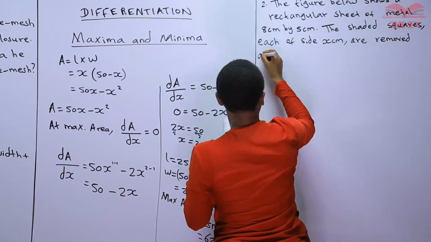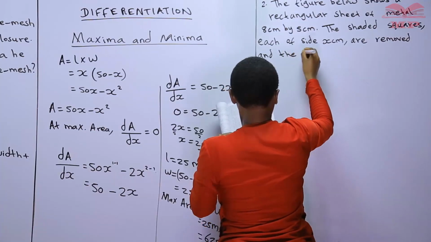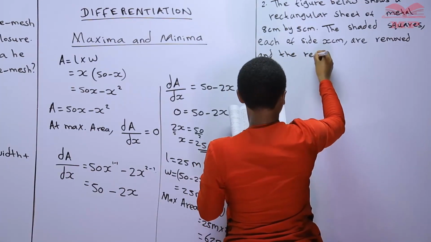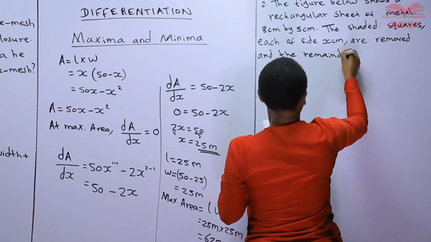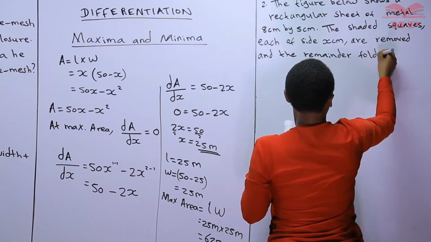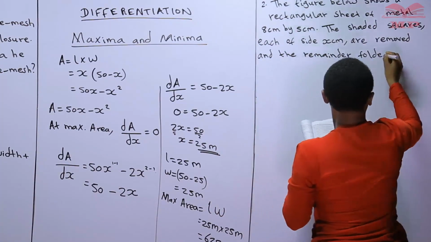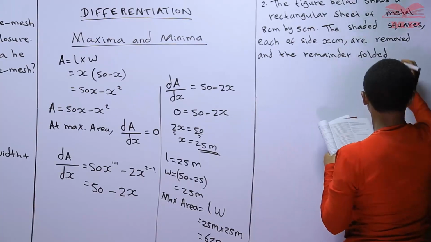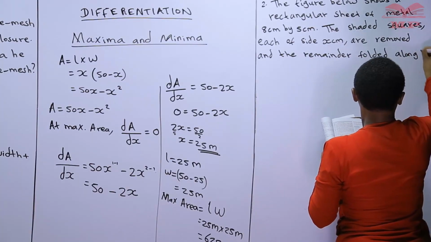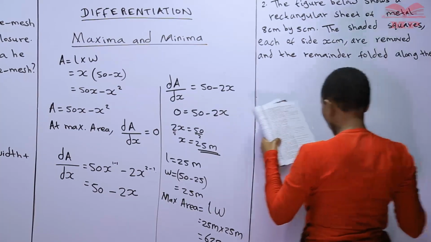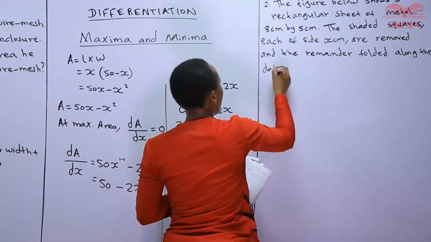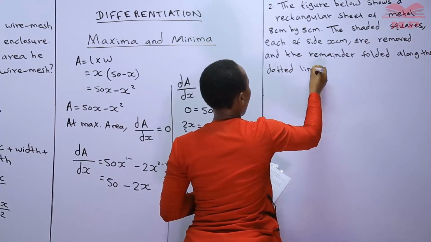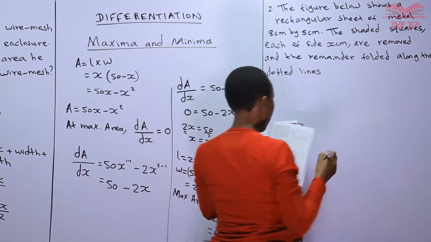And the remainder is folded along the dotted lines to form an open box.